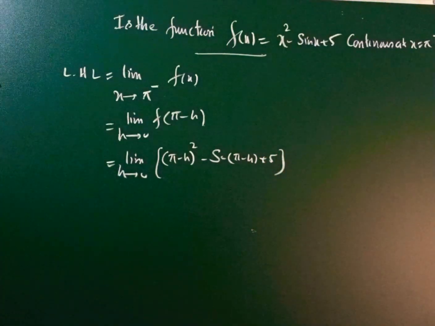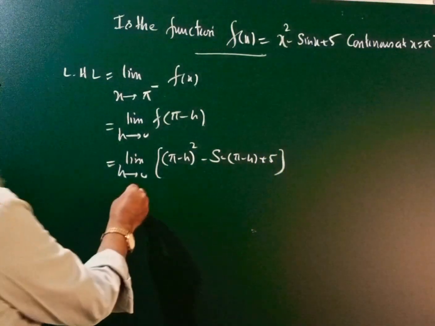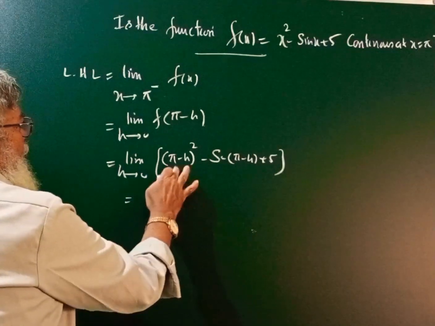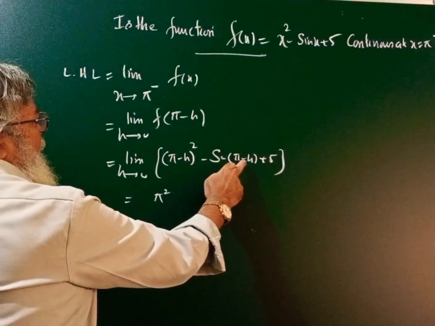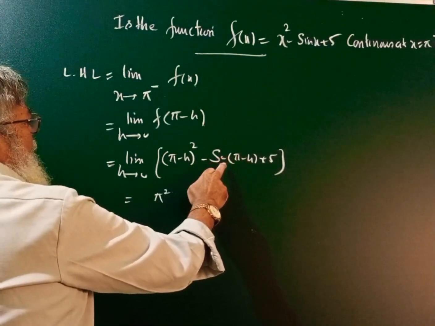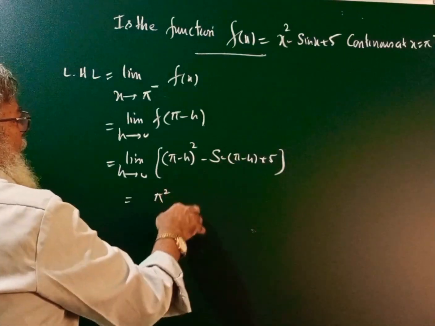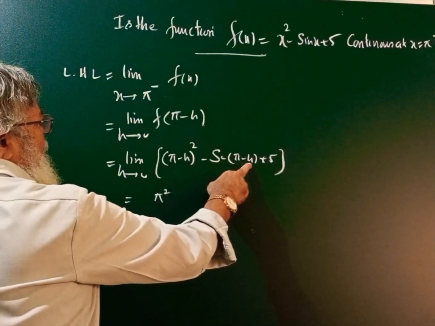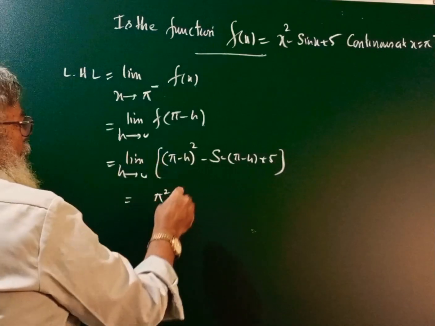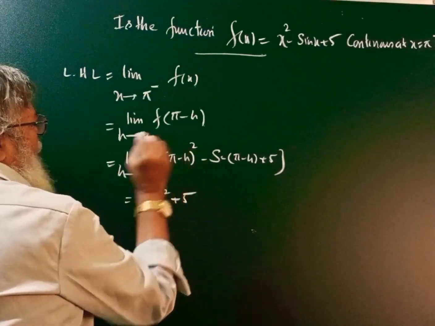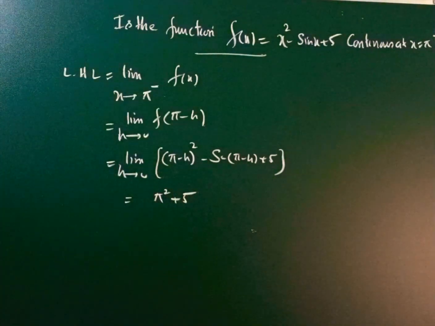Now h tends to 0, so it will become pi square, minus sine of 180 minus theta. Sine of 180 minus theta is sine theta, that is sine h, and sine 0 is 0. So what remains is pi square plus pi. This is the value of the left hand limit.